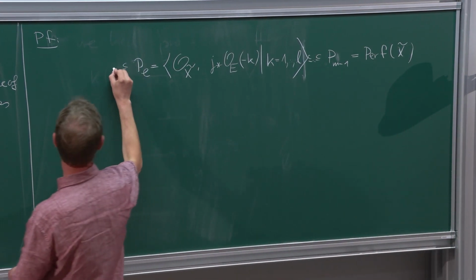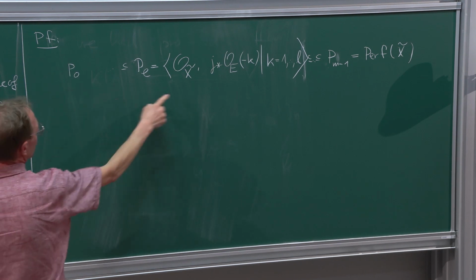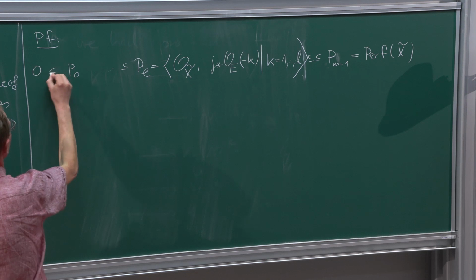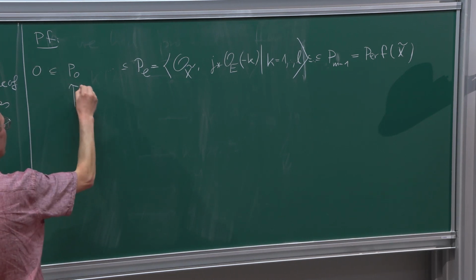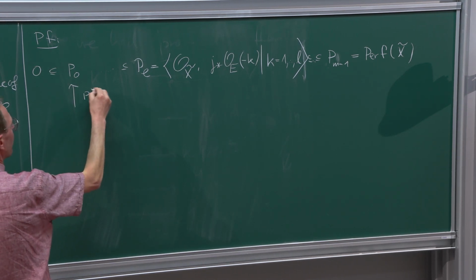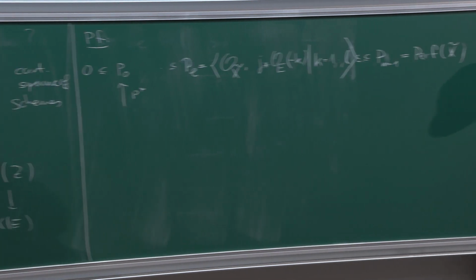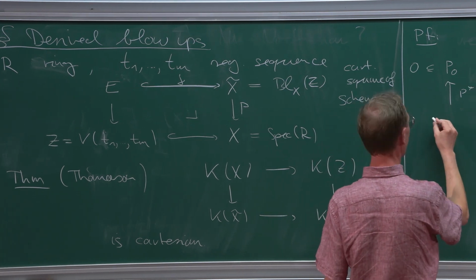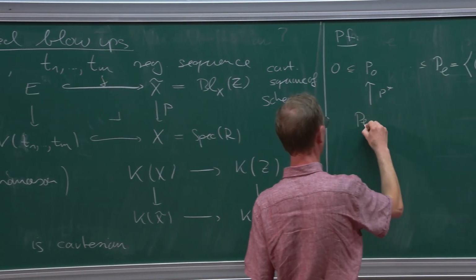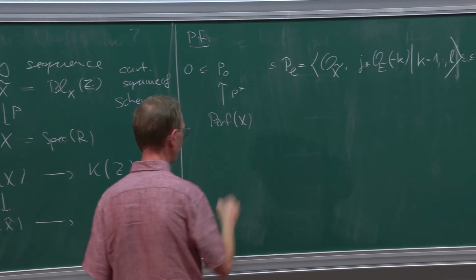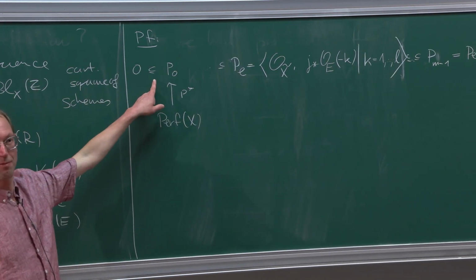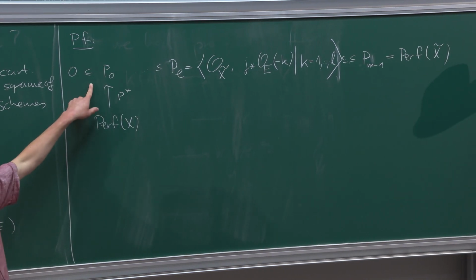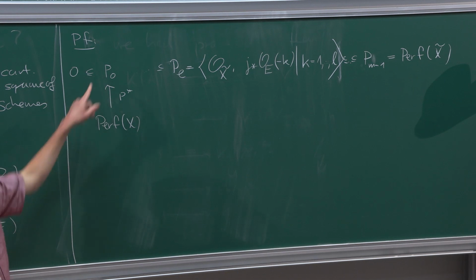So it starts with P0, which is just generated by O_X tilde, just by the structure sheaf. Okay, we have this finite filtration here. And then you check that you have, of course, the pullback along this blow-up map P, this projection, from perf of X. And then these are some more or less easy cohomology computations that this is fully faithful, and by definition, its essential image is this P0.